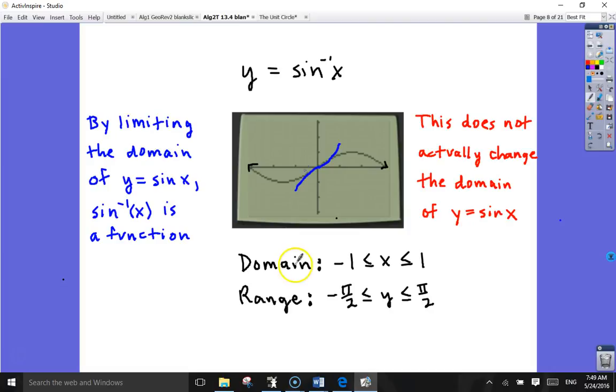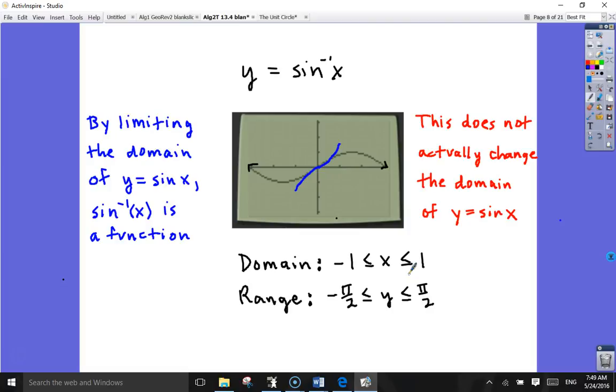So the domain now of a sine inverse function is negative 1 to 1, because the range of the sine was negative 1 to 1. But the range of the sine inverse is negative pi over 2 to pi over 2. So we have to limit the domain of the sine function before we flip it to make a sine inverse.